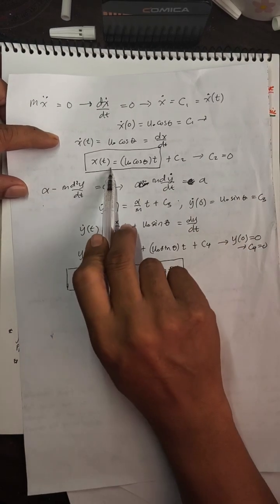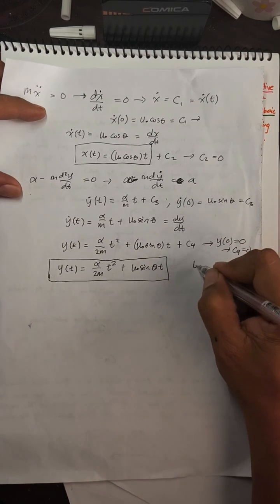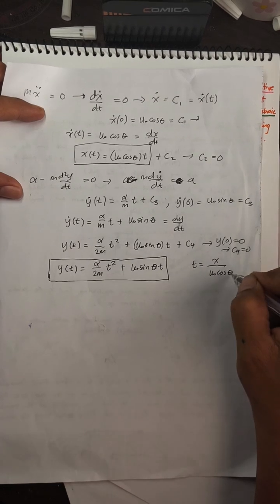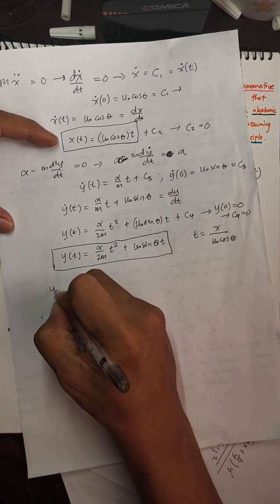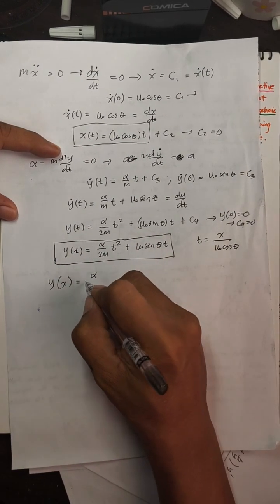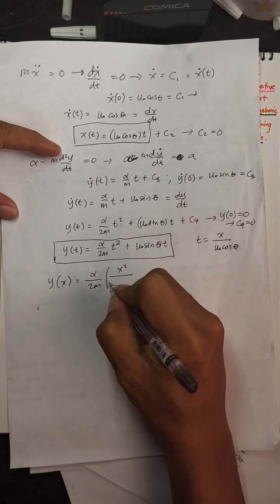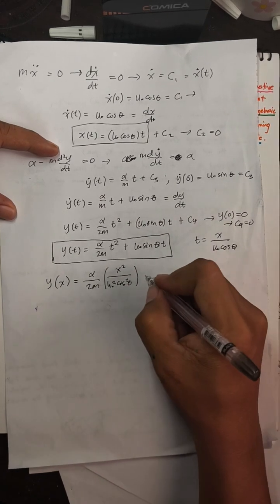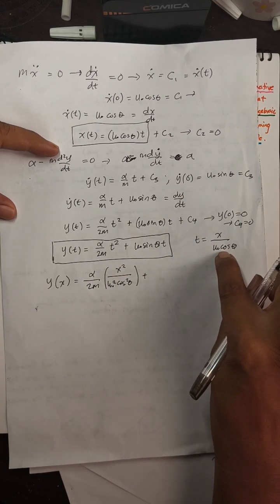all we have to do is, from there, we know that t is equal to x over u naught cosine of theta. Then substitute x here. So this is now our y of x. It's no longer y of t. So this would be alpha over 2m times x squared over u naught squared cosine squared theta plus u naught sine theta over u naught cosine theta.